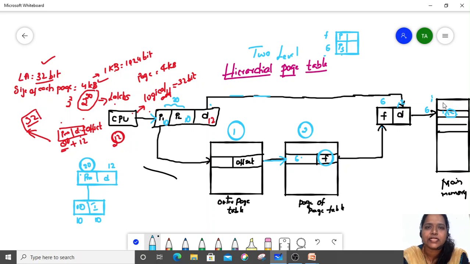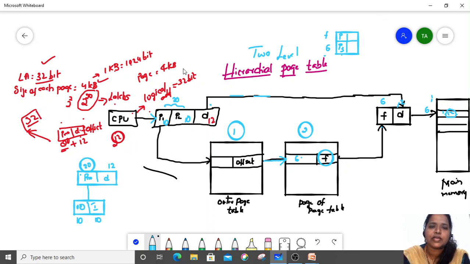Suppose if it is 32-bit, we go for 2-level paging. In one page we store 10 instructions, and in the other page we store 10 instructions, so that the burden on a single page table has been lessened. So this is the concept of 2-level paging.